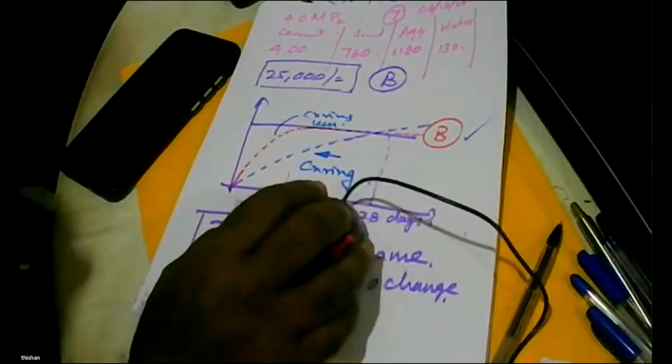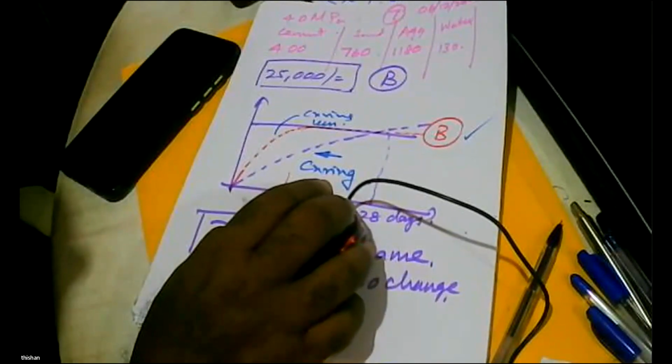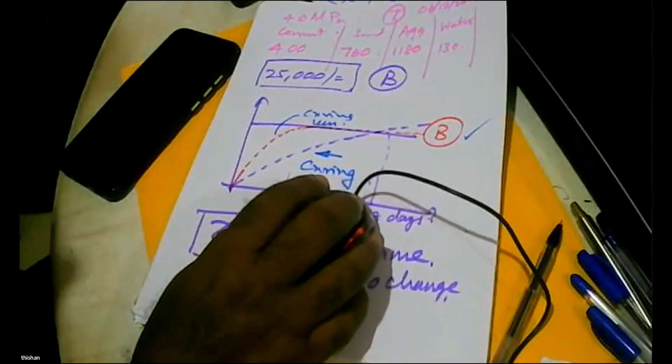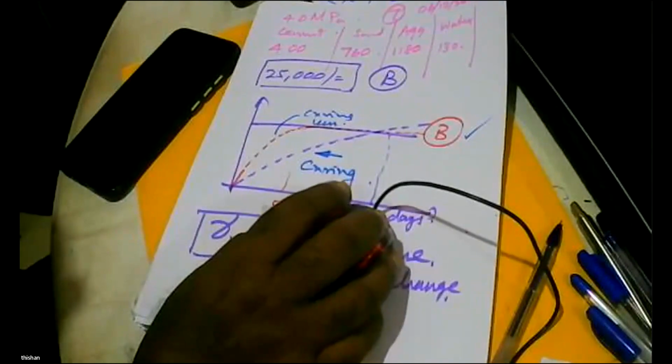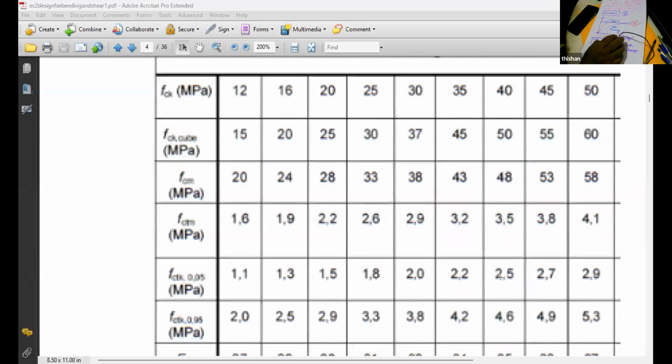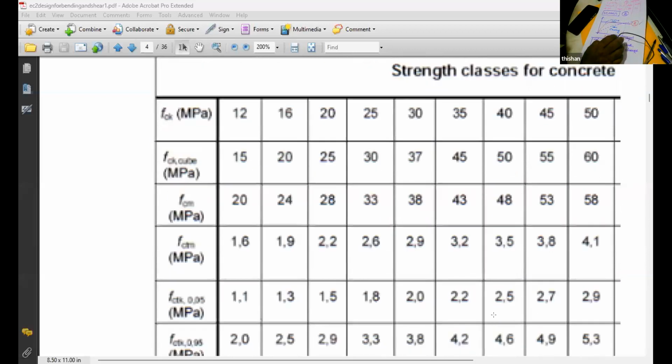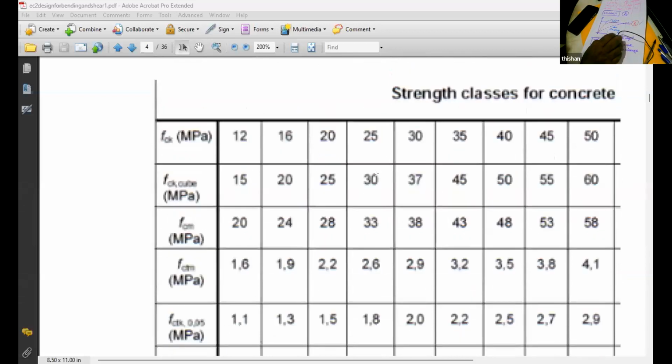Why? Let's say after 2 years, this has become 50 megapascal concrete. So what can you say about the 50 megapascal? It has become 50 megapascal concrete. And what is the elastic modulus? 35. And in the earlier one, you had only 40 megapascal concrete.